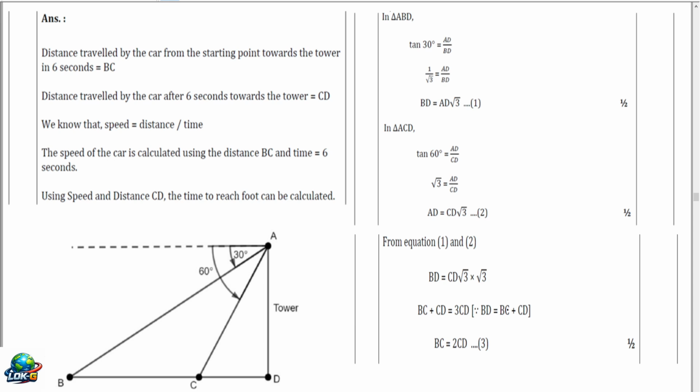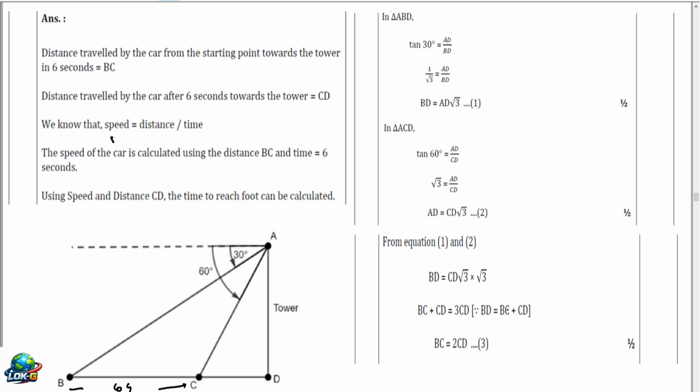Let us analyze the problem carefully. The distance traveled by the car from the starting point towards the tower in 6 seconds is BC. The distance traveled by the car after 6 seconds towards the tower is CD.